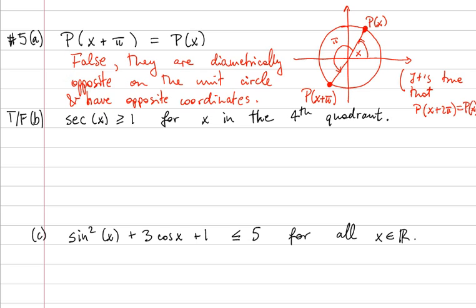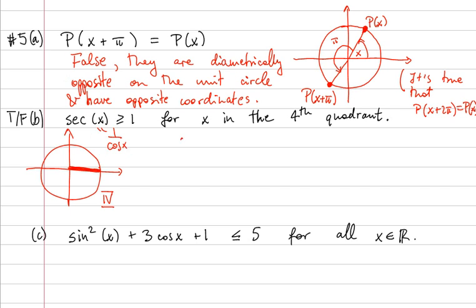Okay, so second question is asking secant of x is bigger than or equal to 1 for x in the fourth quadrant. So x is an angle. So I draw the unit circle here, and this is my fourth quadrant. And secant is 1 over cos x. So that's the horizontal coordinate here.